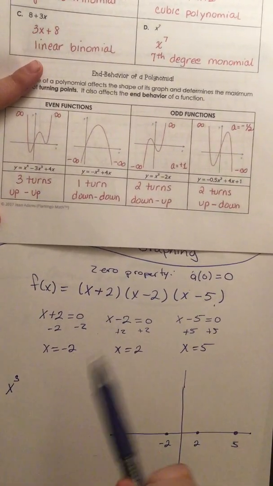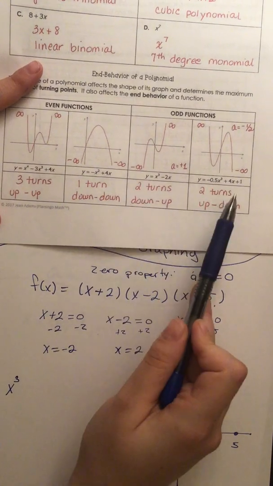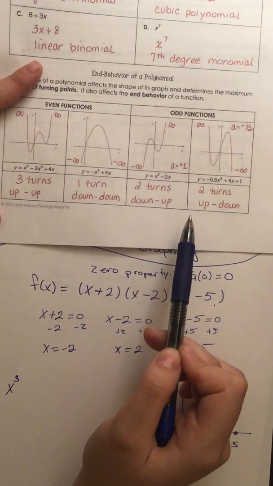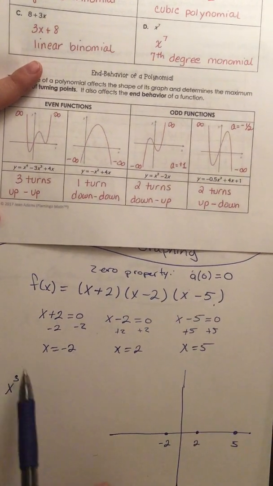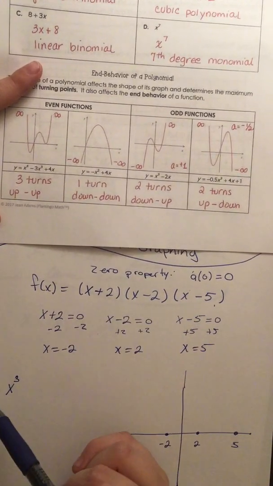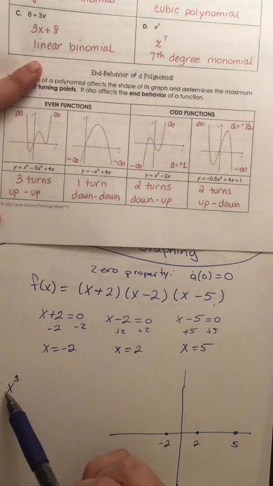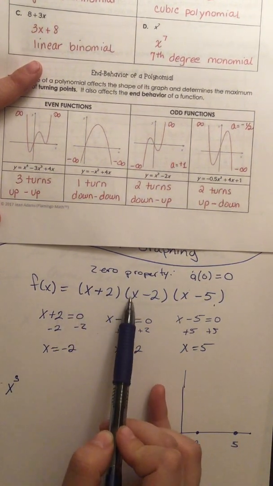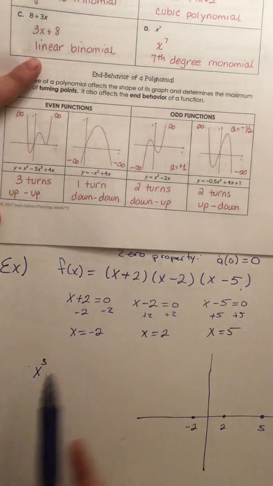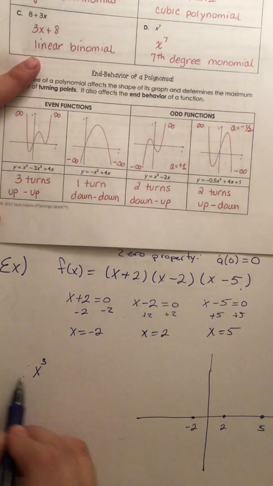So this tells us that it is an odd function. Now what we need to do is to decide if the a value is positive or negative. Well, if you can see right here, all 3 of these are positive, so this is also going to be positive.